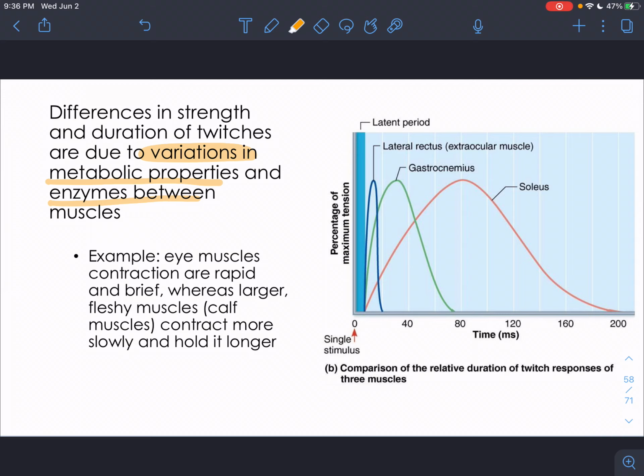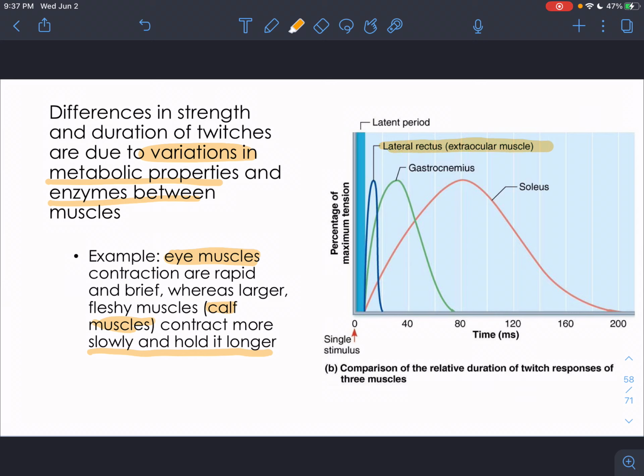So some muscles we want to have really quick, rapid contraction. So muscles of our eyes where we're moving, we want those to be very quick. Whereas larger muscles, like the muscles of our calf, our gastrocnemius, are going to contract more slowly and hold it longer. Okay, so you can see the lateral rectus is a muscle of our eye.